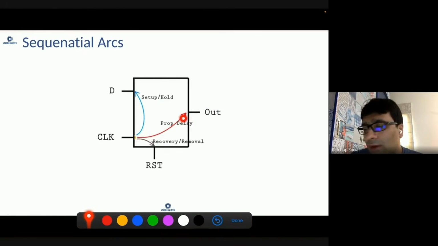Plus, it's a function of the load, so based upon the load, a table is created and the delay value is defined. Similarly, for async pins like reset or set pins, with respect to the clock, recovery and removal time related values are specified. So these are sequential arcs: your clock to output delay, your recovery and removal related delays, and your setup and hold, which are related to the clock.